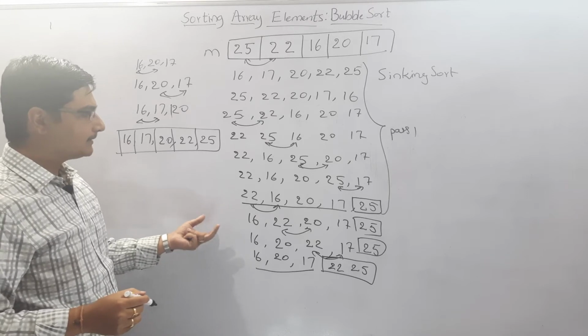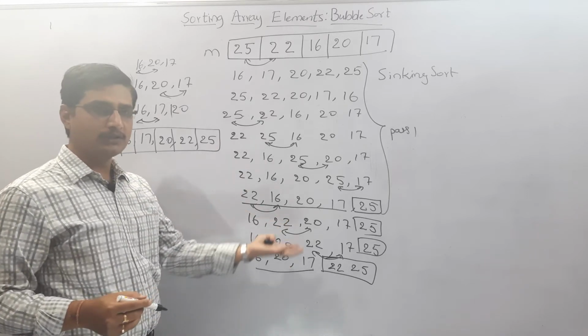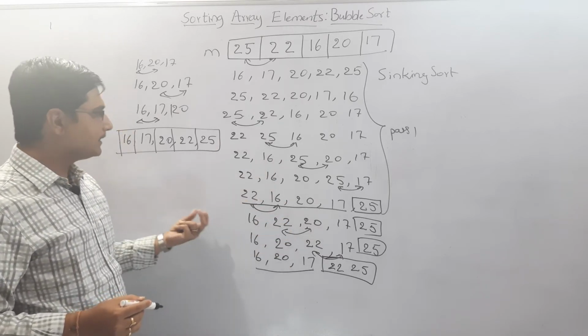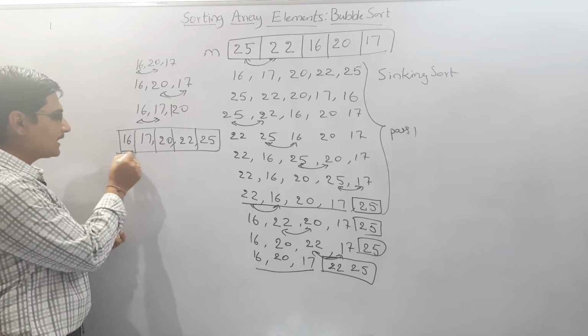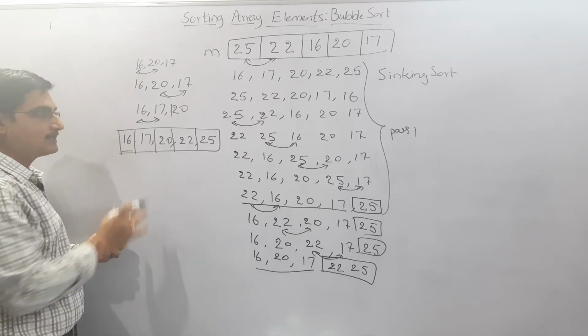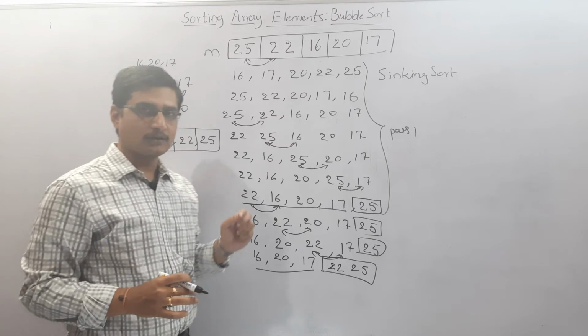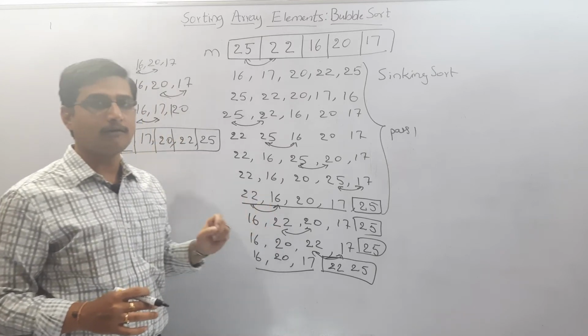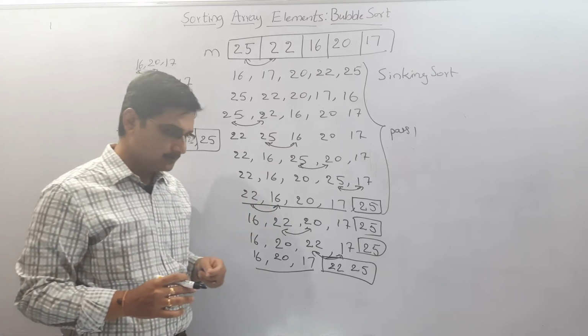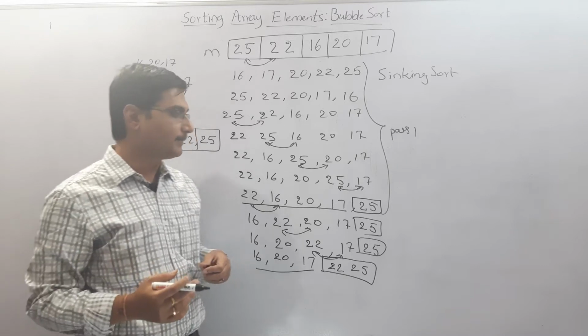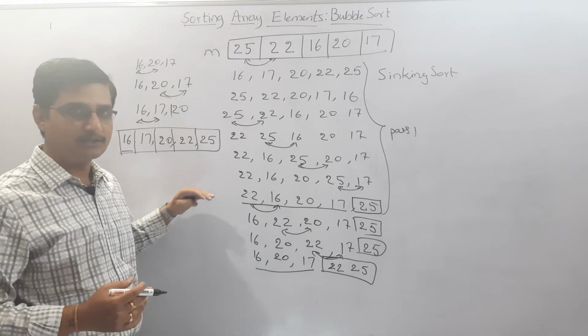If we do this in the reverse way, the smallest element will come up. So the name is bubble sort, which is the simplest method of sorting. There are many sorting algorithms you may learn in coming classes, but this is the simplest.